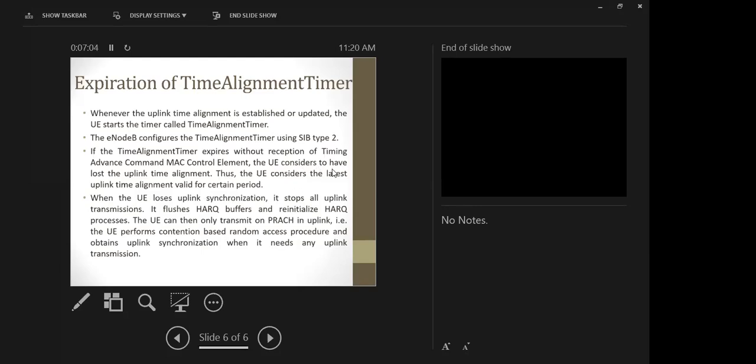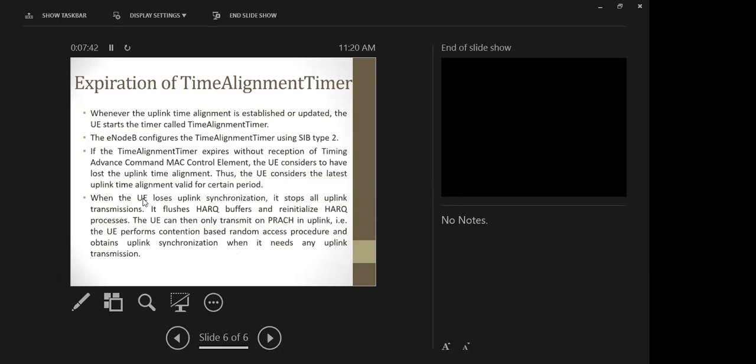So it considers that the time alignment has been lost, and when it considers that, it stops all transmissions, and also it flushes the HARQ buffers, which I will hopefully discuss in the next class, so that HARQ can store some data transfer blocks. Those are just deleted.